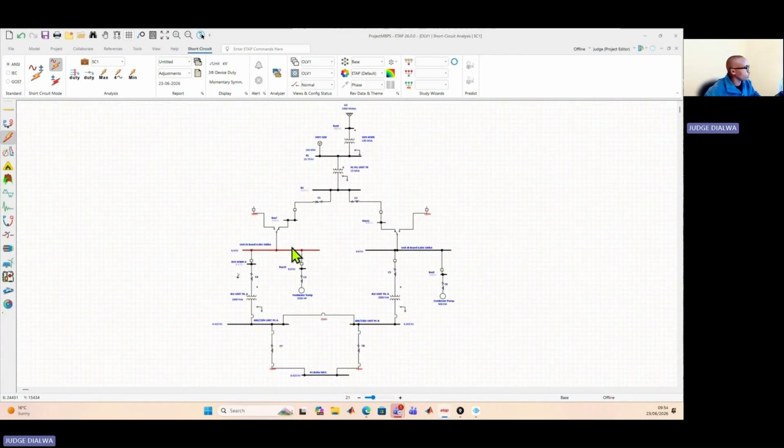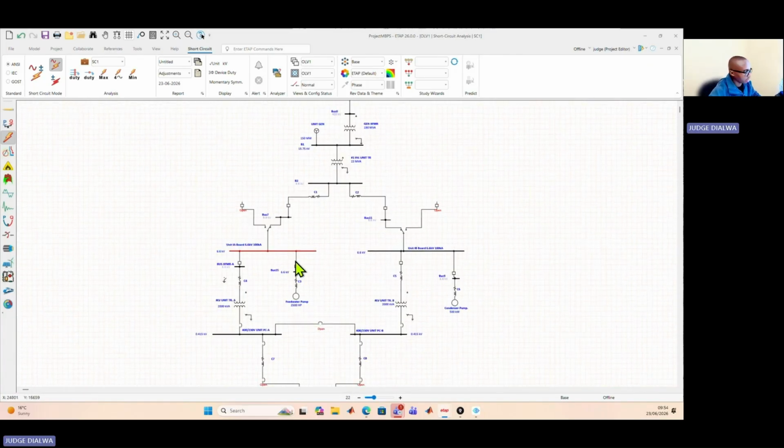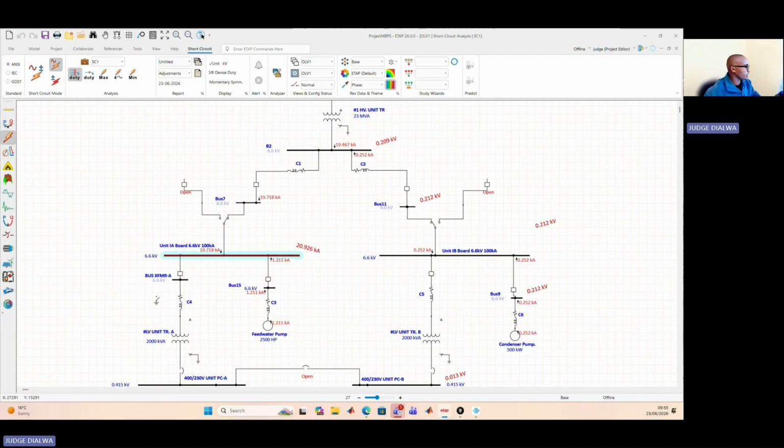and then we'll fault the unit board bus, which is what we just analyzed with our hand calculations. When we run the short circuit study, it should give us 20.927, and it is giving us 20.926, which is very much within what we expect from our hand calculations.